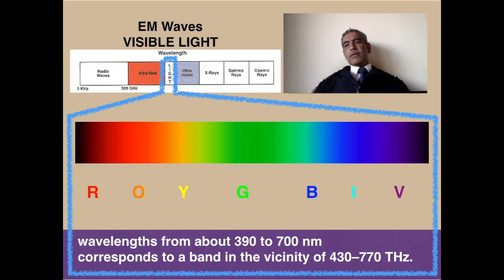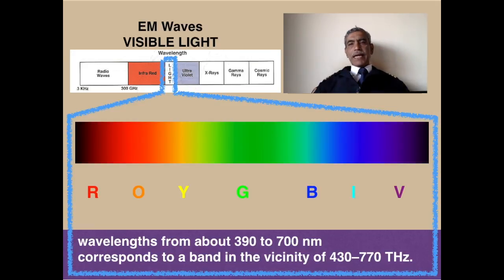And of course, you are all very familiar with the prism experiments in your high school, which is a proving experiment of this particular visible spectrum.